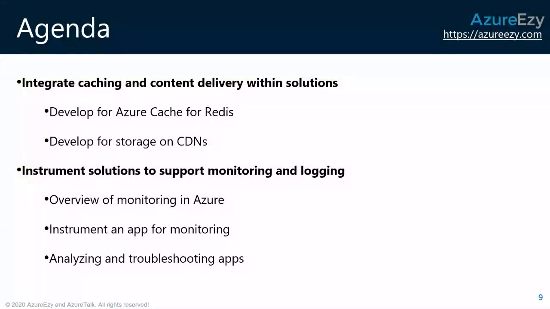Now, coming to the agenda for today's session. As I said, today we are going to discuss two major things, divided into two parts. The first part relates to optimizing Azure services using caching solutions. We'll discuss two things: one is Azure Cache for Redis, and the second is the CDN service, Azure Content Delivery Network.